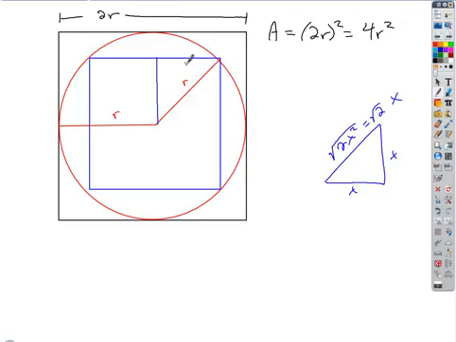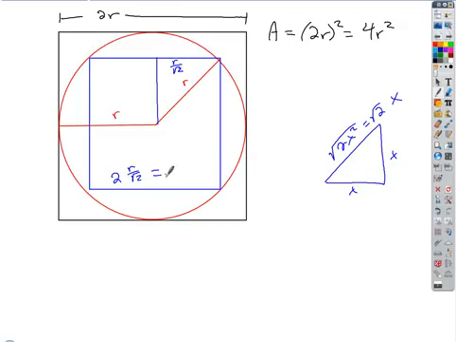So then isn't this distance right here just r over root 2? Okay, and so then the whole width must be 2 times that, right? Everybody agree? So this whole width from there to there must be 2 times r over the square root of 2, which is what?